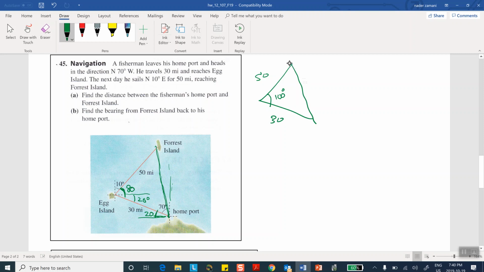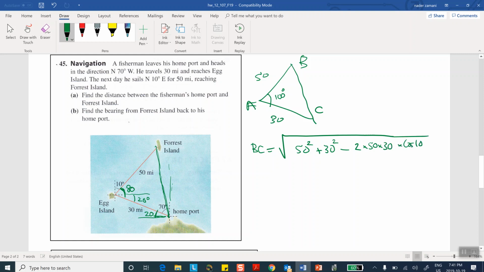So this distance, I'll call this thing ABC. How about that? The length BC is unknown, so BC is equal to the square root of 50 squared plus 30 squared minus 2 times 50 times 30 times the cosine of 100 degrees.